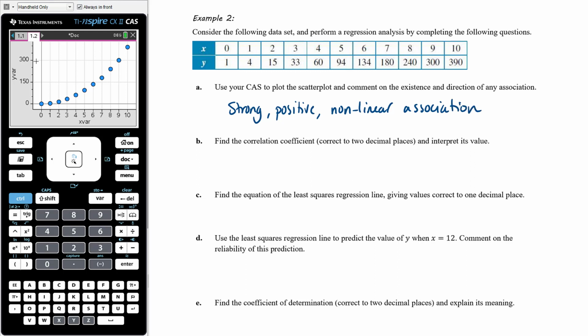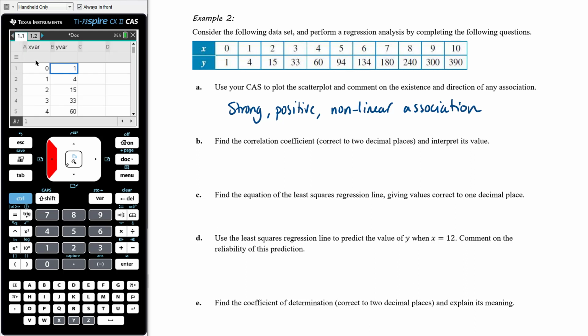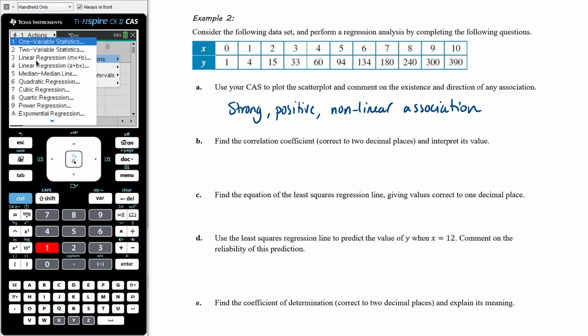Find the correlation coefficient, correct to 2 decimal places, and interpret its value. Okay, so 2 ways we can find the correlation coefficient. Oh, actually, no, we're best to stick with our original way. I'll come back to that in a second. So I'm going to press Control left to go back to my Lists and Spreadsheets tab, and I'm going to do my regression. So menu 414.